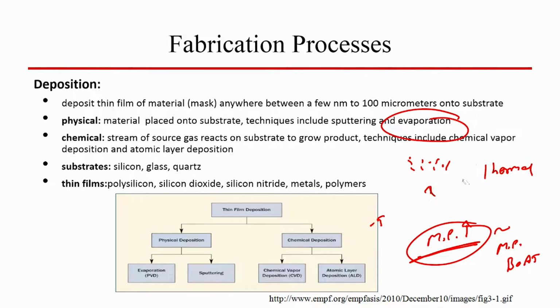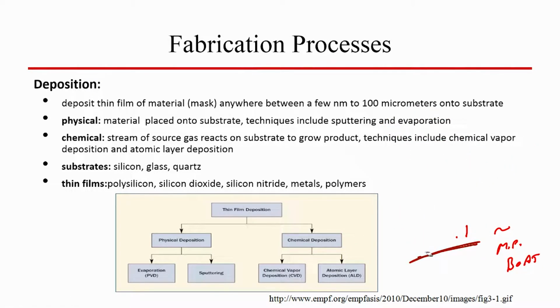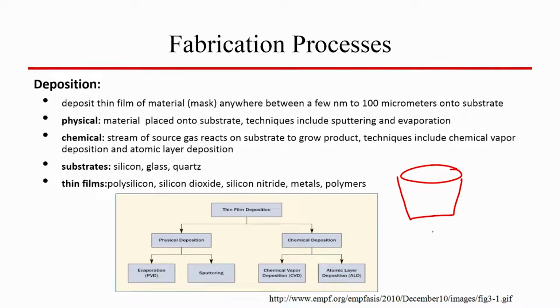Instead, I can use electron beam evaporation, and as I just told you, in electron beam evaporation the source material is loaded in a crucible. This crucible is made up of carbide or quartz or a very high melting point material.